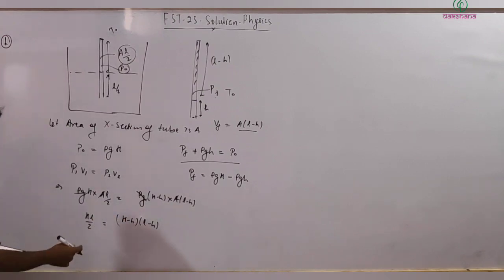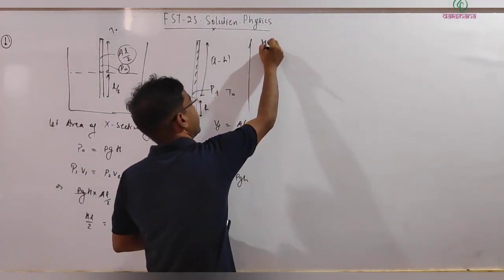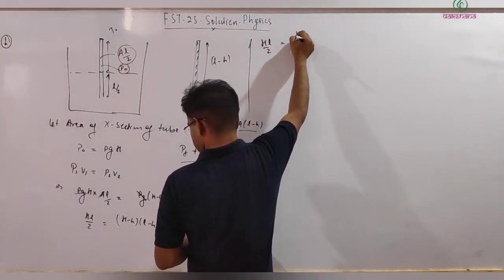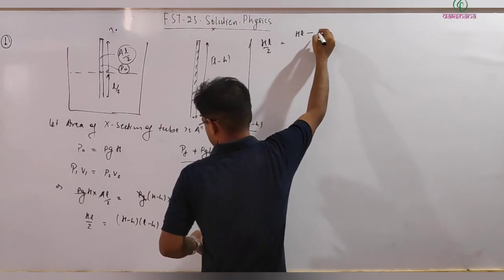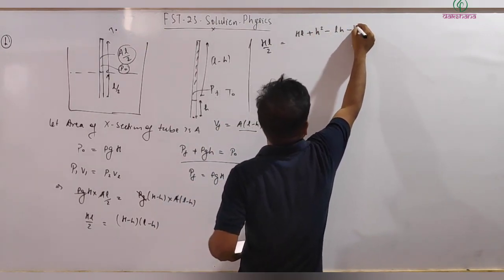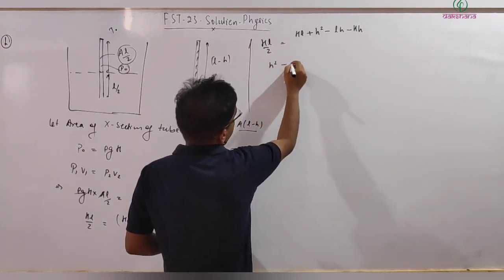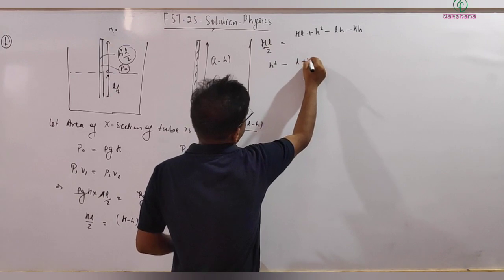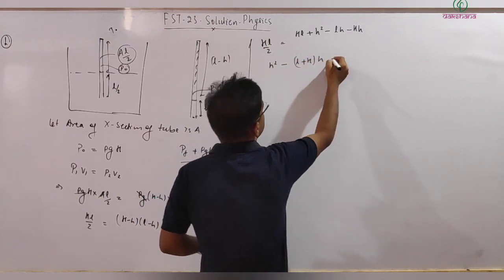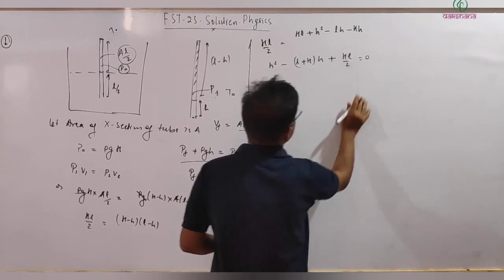Now we can simplify for small h, and solving, we get HL by 2 equals HL minus Hh minus Lh plus h square. Rearranging, h square minus L plus H multiplied by small h, plus HL by 2 equals 0.